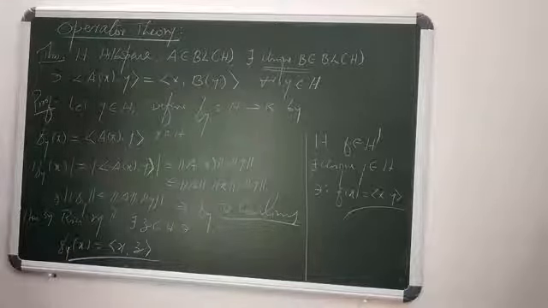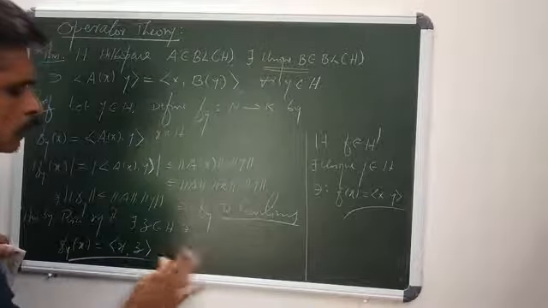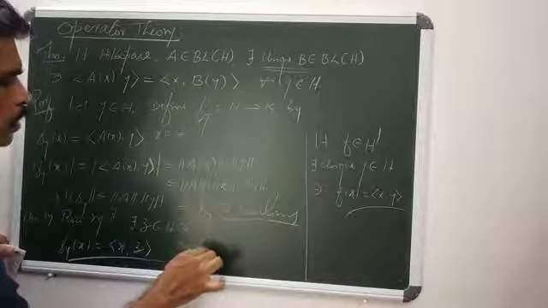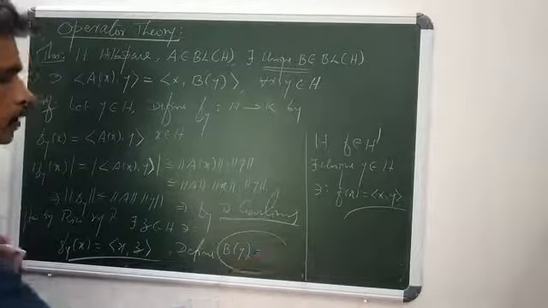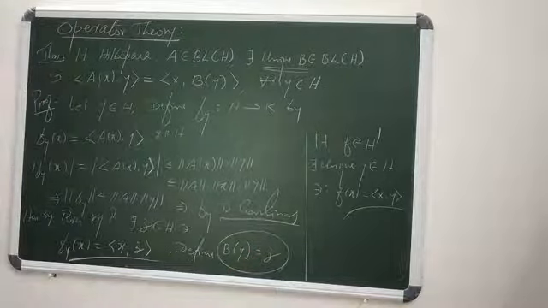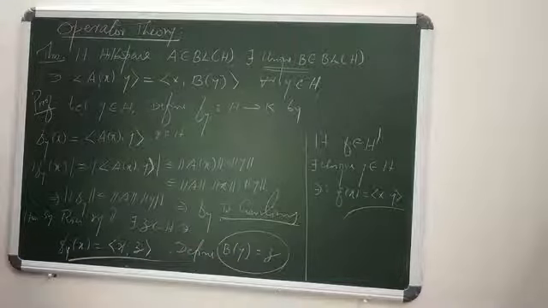Now we define B of y equals z. This z is defined as some B of y. Then clearly B is an operator on H.